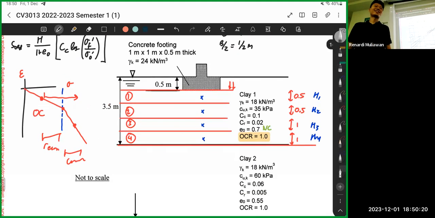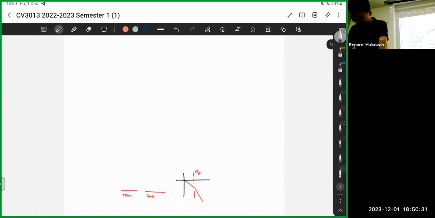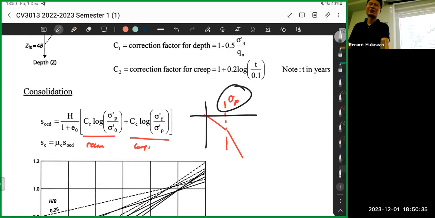As in, if this one was tested last year, they won't test it this year. Oh, really? Oh, no, because the problem is you don't know this. It's the pre-consolidation stress. Do you remember what that is? So imagine you compress the soil already there, then you leave it. That's the sigma P. Okay? So you consolidate it until it's overconsolidated.